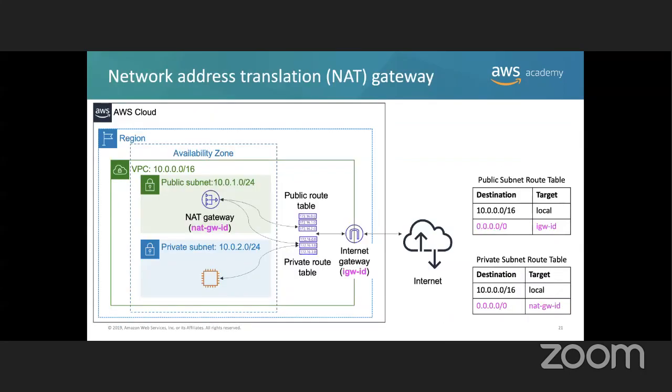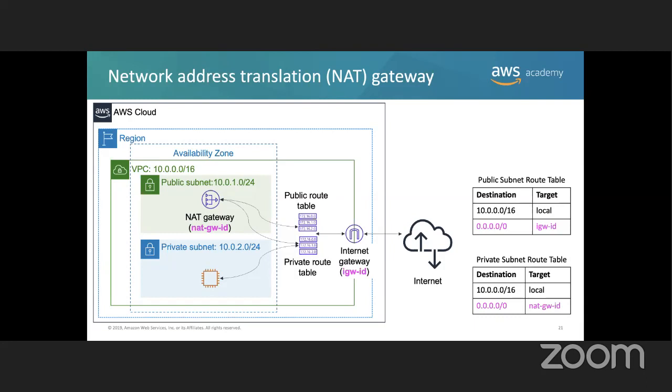Okay. So a NAT instance is also another option, but a NAT instance is less highly available than a NAT gateway. A NAT gateway is super highly available. If a NAT instance goes down, you lose everything. That's why it's not that good compared to a NAT gateway.